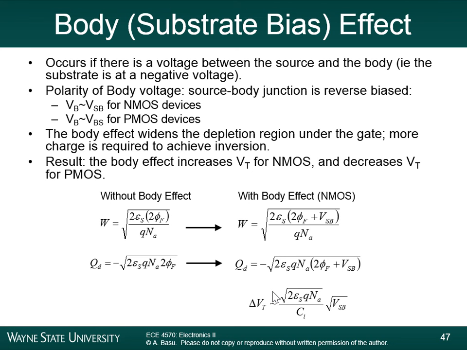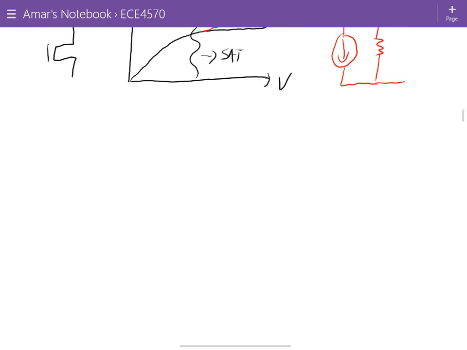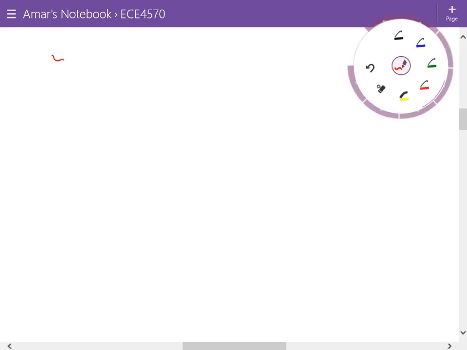Now, why do we care about the body effect? It can affect the threshold voltages of all the transistors in your system. From a practical standpoint, let's say we made our transistors this day in the lab, and our threshold voltages came out too low.